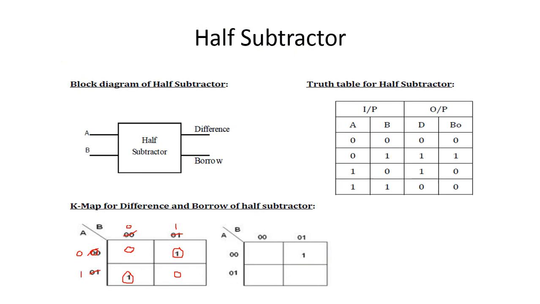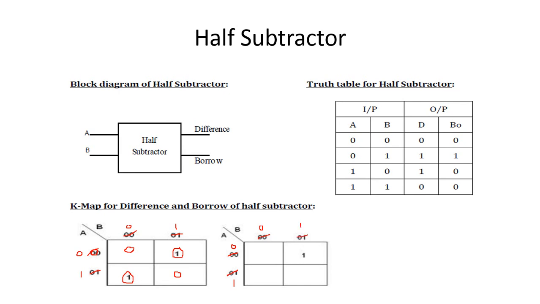The next one is the implementation for borrow. Here, because it is a single bit, the values are 0 and 1.